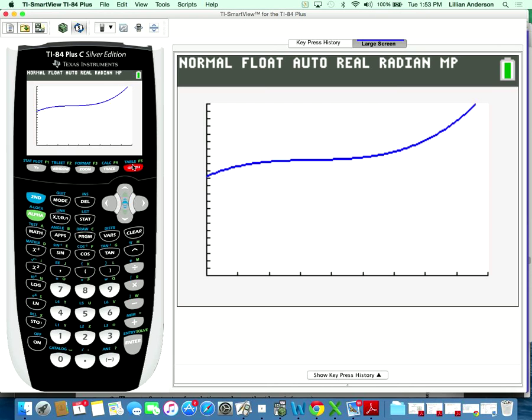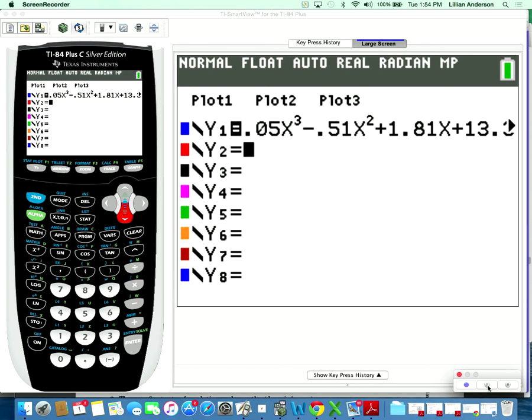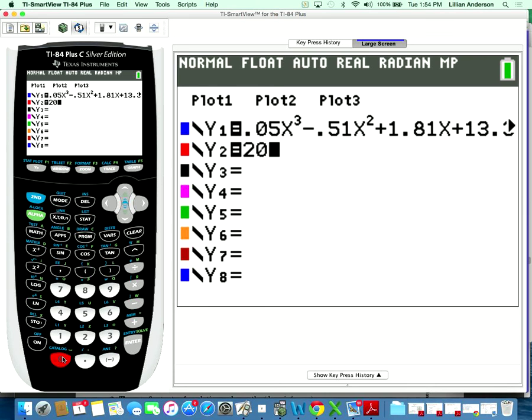And press graph, yes. Raise your hand if you did not get this. All right, so we're going to fix a couple things. Go back to your y equals. We're going to try to find the specific year that we did exceed 20,000 people, okay? Now 20,000 corresponds to what on our y-axis? 20. So we're going to type in 20 into y2.